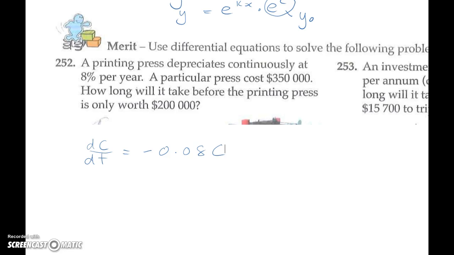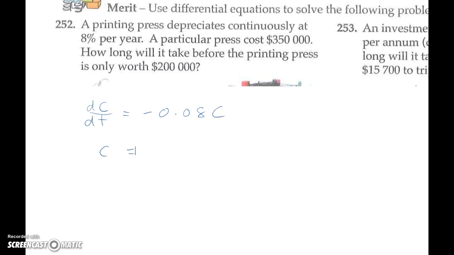So we've got some cost, equal to my initial cost of $350,000, multiplied by e to the minus 0.08t, with respect to time. Now, the cost that I want it to be equal to is 200,000. So I have used that formula to give me this information.